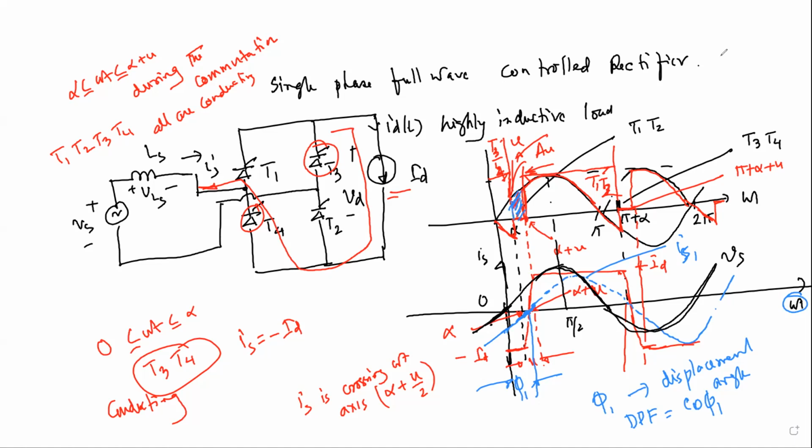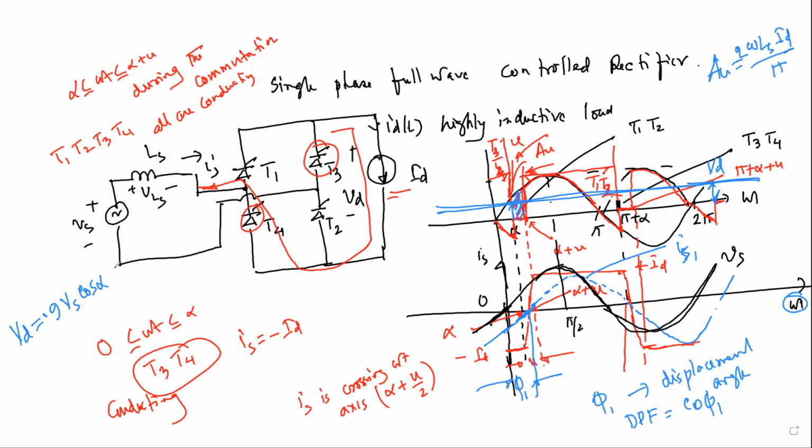And this area we have already found in our last class. Au was omega Ls Id by pi, right? And then the average value of the output voltage was calculated as Vd equal to 0.9 Vs cosine of alpha.